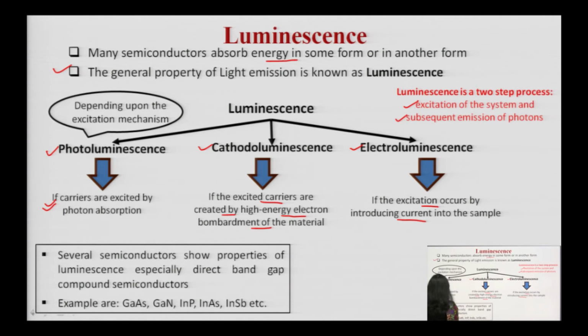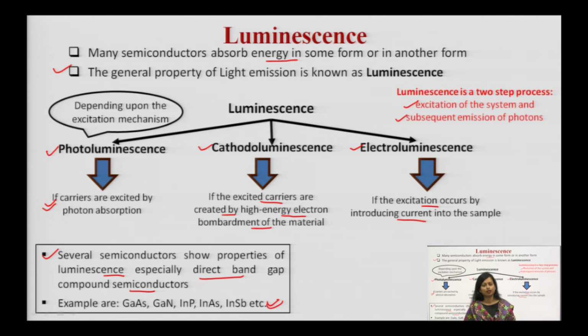Several semiconductors show the properties of luminescence, especially direct band gap compound semiconductors, and some examples of direct band gap semiconductors have been listed over here. You are aware of direct band gap semiconductors. Direct band gap semiconductors are those where electrons available in the conduction band directly fall into the valence band, meaning the conduction band minima and valence band maxima align with each other.